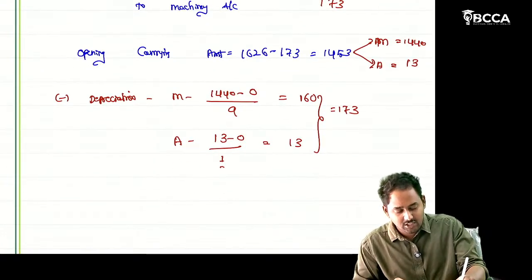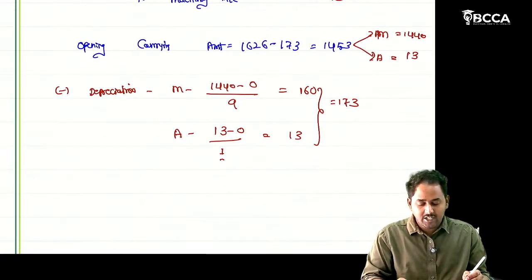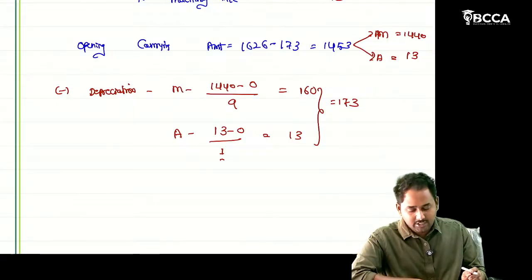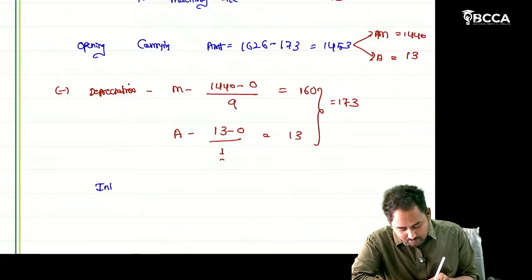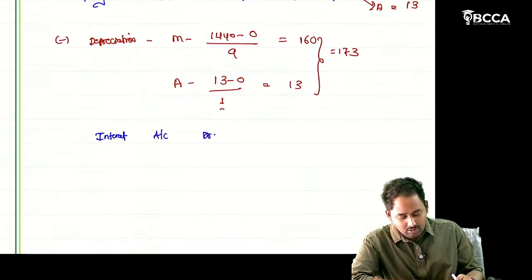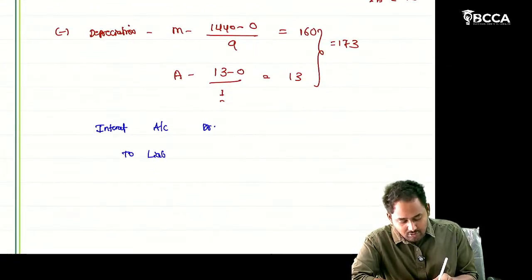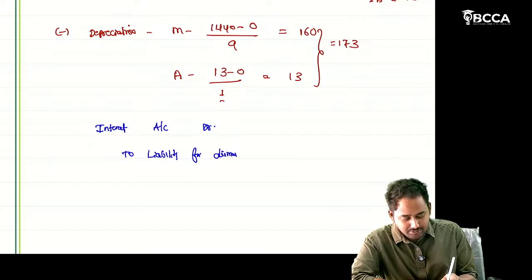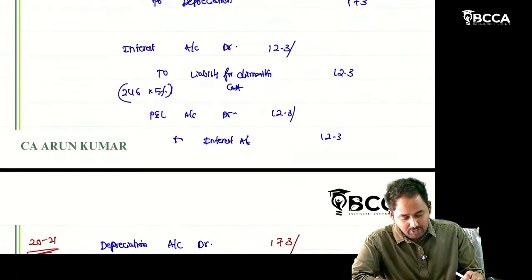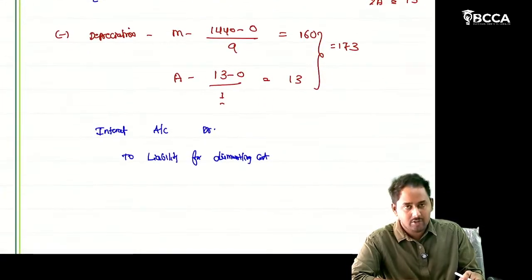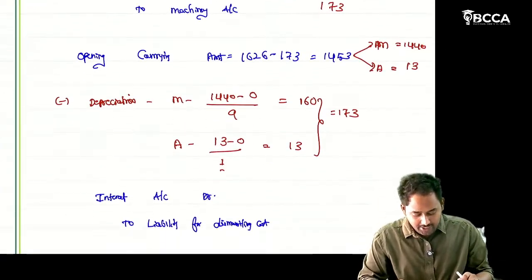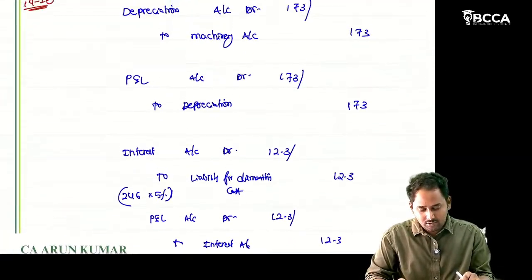And what is the next journal entry? Interest account debit to liability for dismantling cost, because again I should increase the dismantling cost liability. What is the interest value? I need to find it out. What is the opening carrying amount of the dismantling cost?